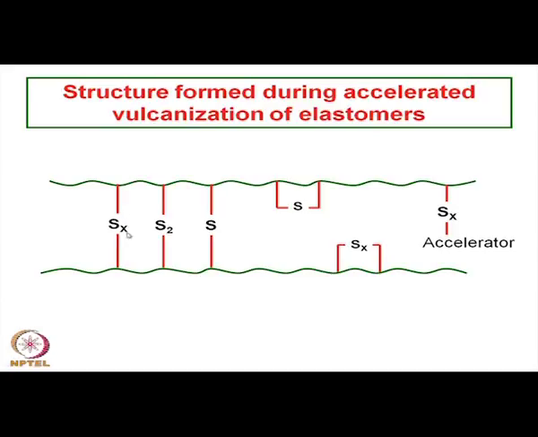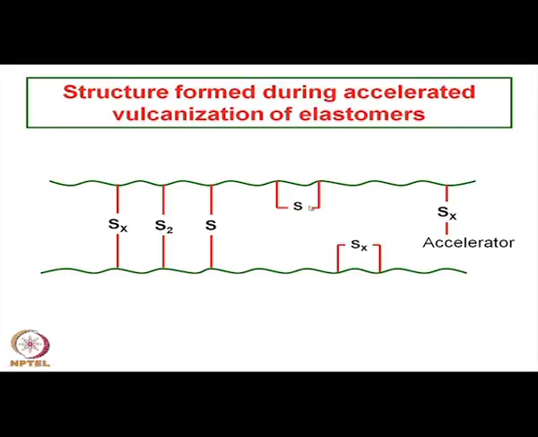The greater the concentration of this linkage, the higher the tensile strength, but the poorer the aging characteristic. That means if there is more concentration of SX, the life of the product will not be good, whereas with less SX, more S2 and more S, that will be an excellent or efficient vulcanized network.